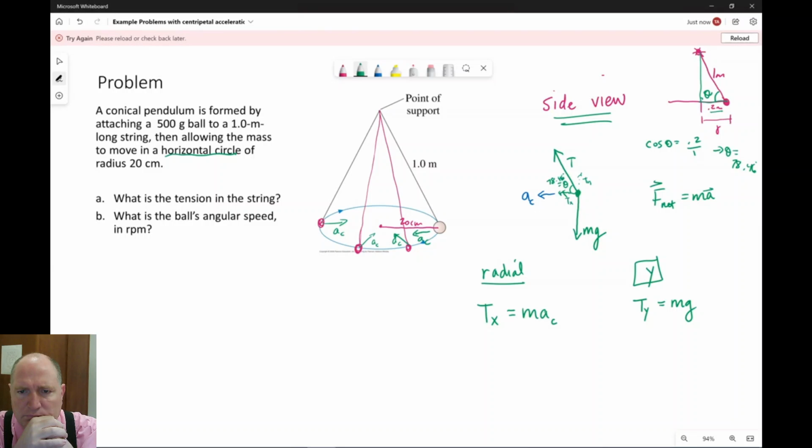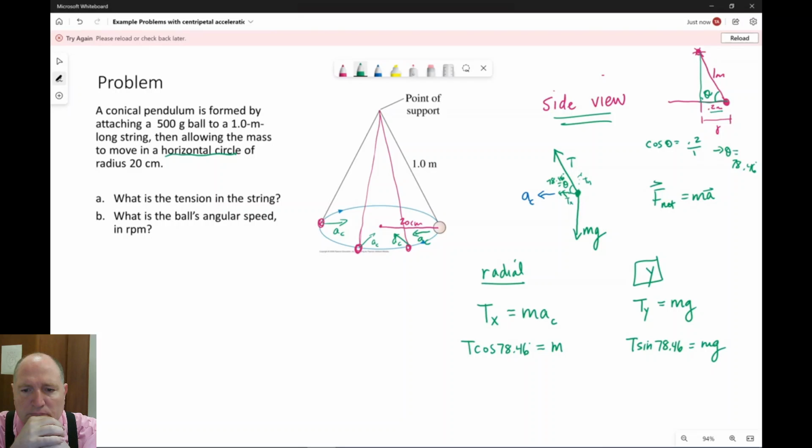The x component then of the tension is going to be T cosine of this angle. The y component will be T sine of this angle. Cool.